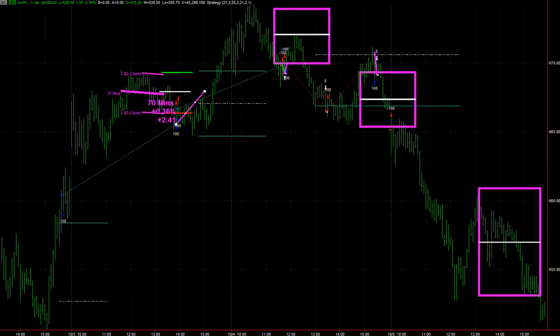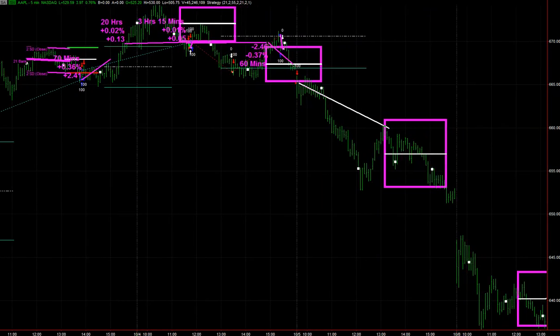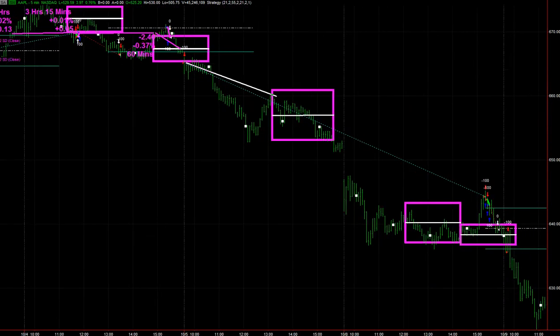Then I would go long and be stopped out here to go short, to be stopped out here, to go long, to be stopped out here, to go short, and then I know we have a nice run here.